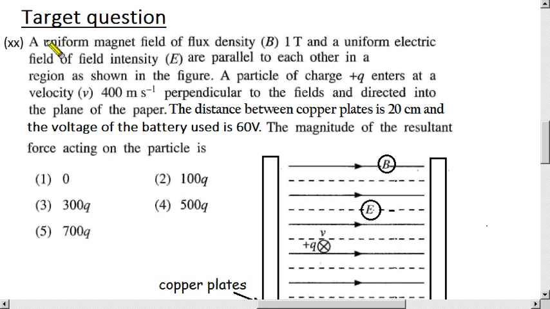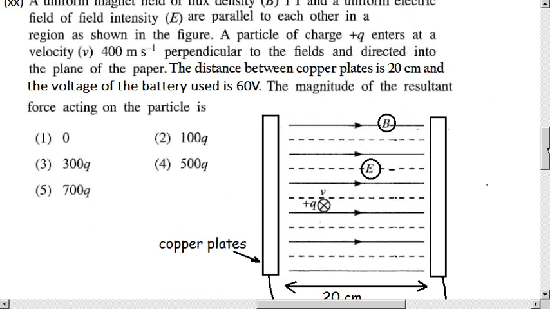So the question is: a uniform magnetic field of flux density capital B, 1 Tesla, and a uniform electric field of field intensity capital E are parallel to each other in a region as shown in the figure, but they have not given the value. Previously they gave that 300, but I deleted it because you can calculate it from this given data.